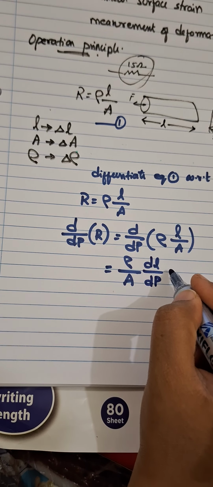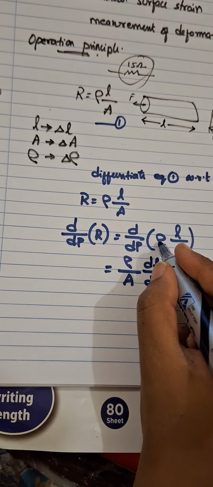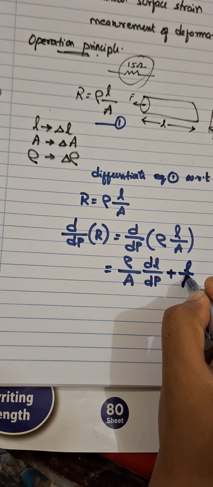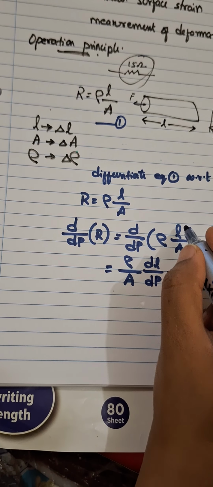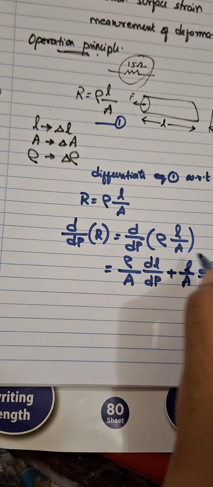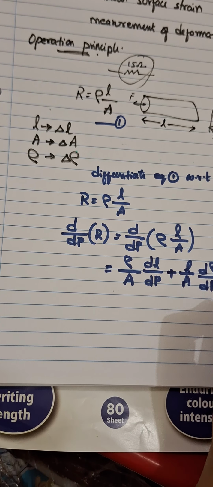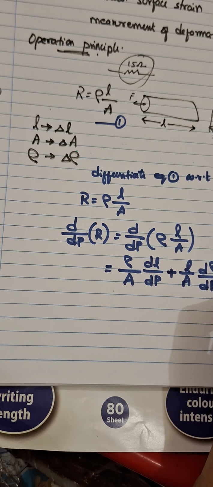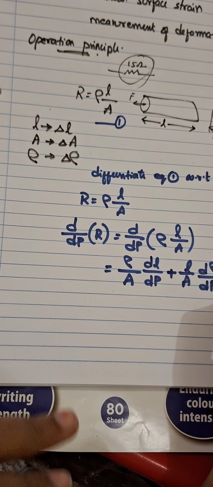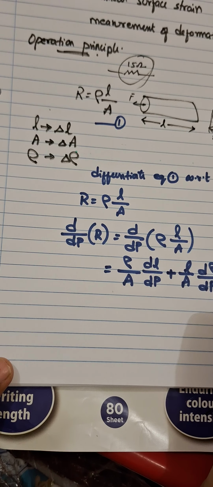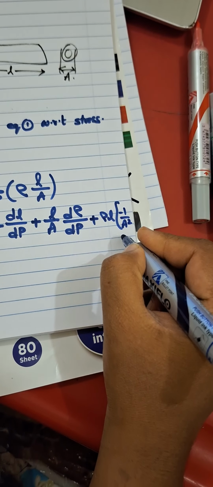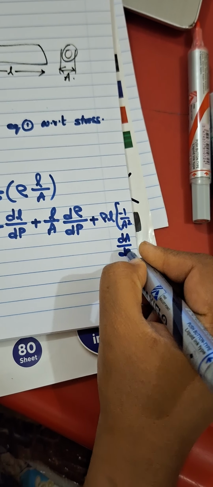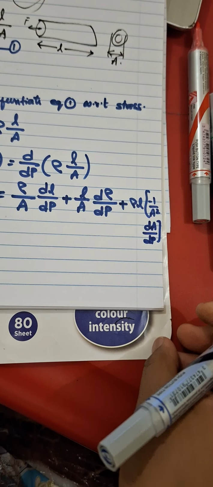Then for rho, L by A comes out, so d rho by dp. Then area is in the denominator, 1 by A, so rho L comes out and you get minus 1 by A square dA by dp. This is the equation.